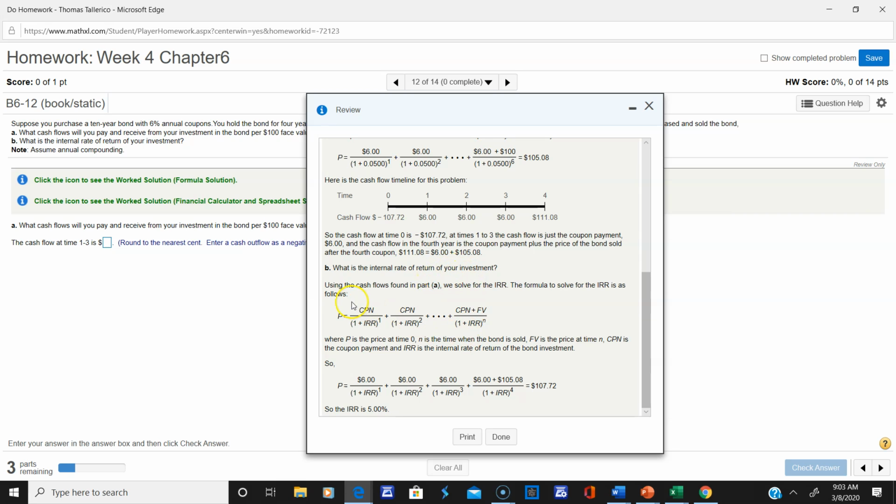So it's the coupon plus the future value, which in this case is only 105.08, not 100. So you solve this equation here, or we can pop this into Excel and get the internal rate of return. 6, 6, 6, 6 and 105.08, which is 111.08.